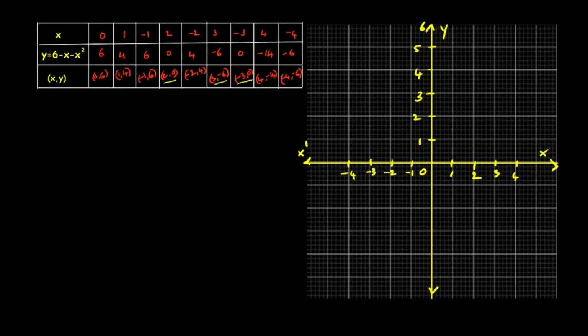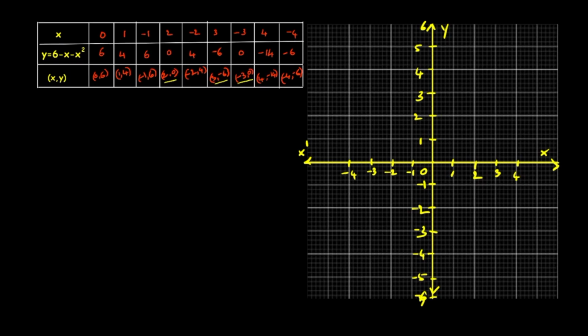The points we take here are minus 1, minus 2, minus 3, minus 4, minus 5 and this is minus 6. So we should plot these points on the graph now.